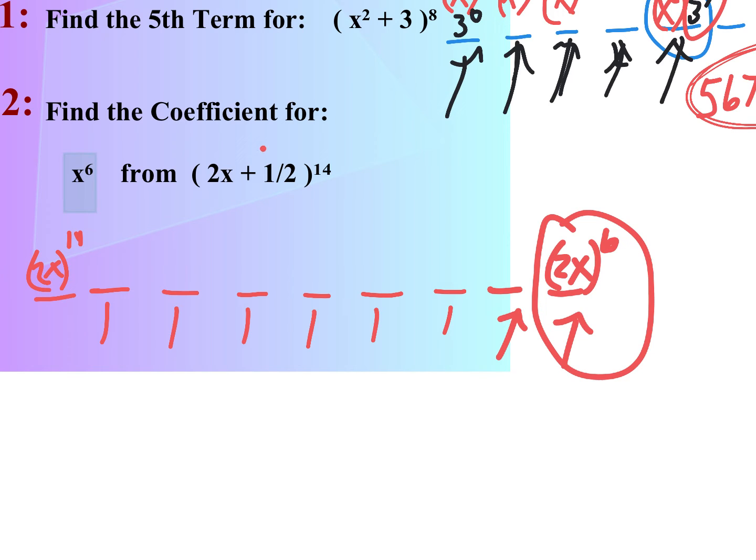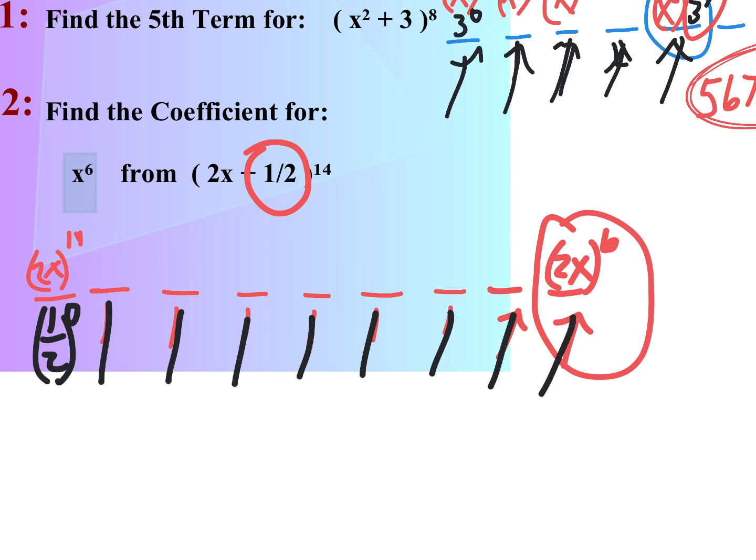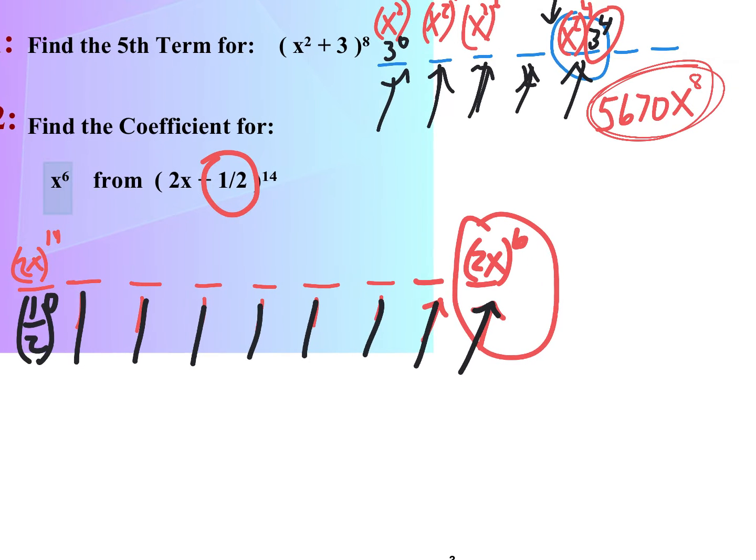And then I got this 1/2 to deal with. Well, that'd be 1/2 to the 0 here, 1/2 to the 1, 2, 3, 4, 5, 6, 7, 8. 1/2 to the 8th.